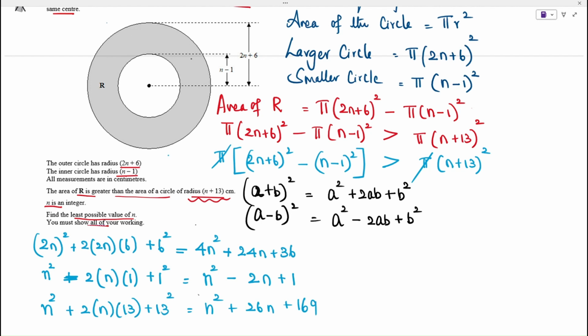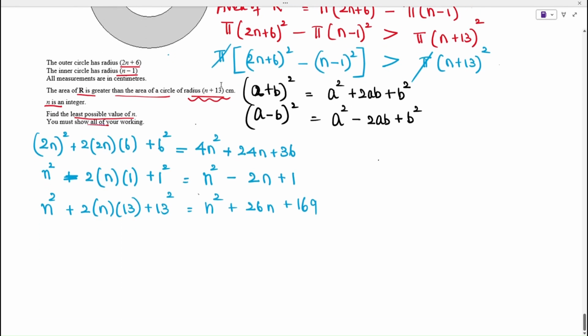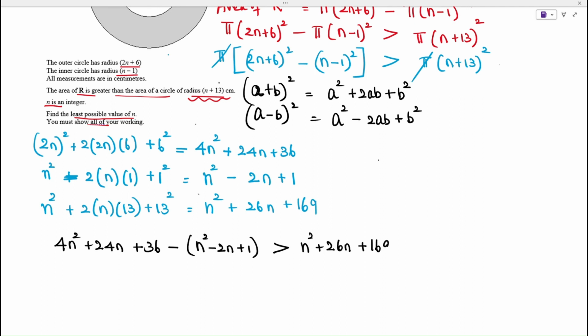Now we can substitute this back into our equation. So what we're going to write here is we're going to have our 4n² + 24n + 36 − (n² − 2n + 1), and this is greater than n² + 26n + 169.